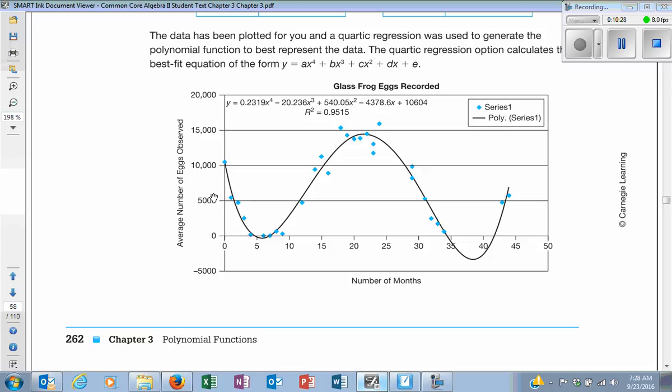I know this sounds weird, but technically, could I put a negative in there for an x? Yes, I could. Could I use this to predict how many eggs were back in 2010? Could I use this function to predict that?